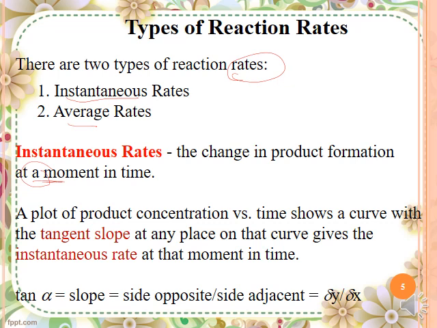At a moment in time means when you look at the graph at one particular time, what is the instantaneous rate? So that's what it means by instantaneous rate. To get this instantaneous rate, we have to draw a tangent slope, which will give us the instantaneous rate at that particular time.